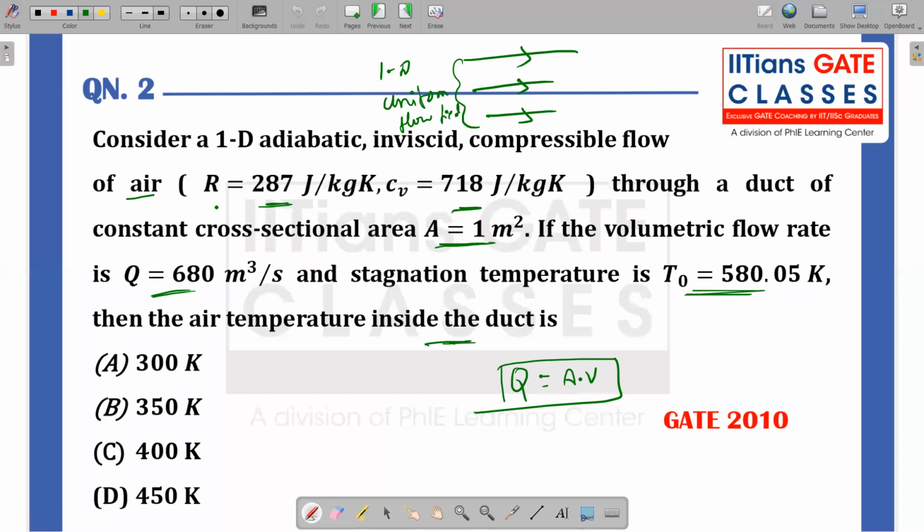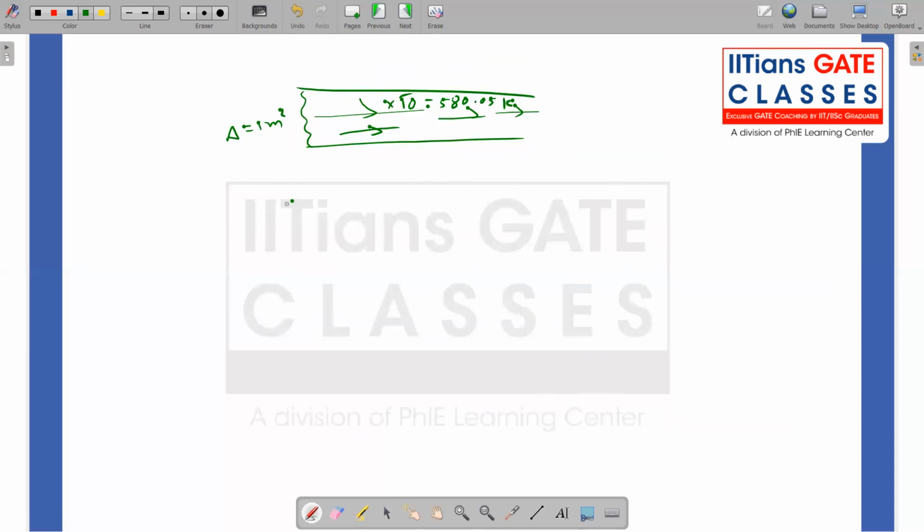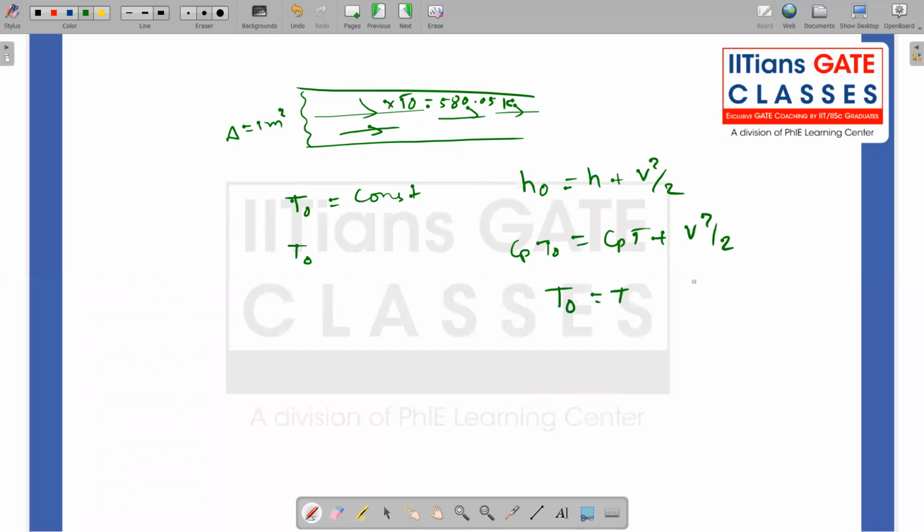So now I know that for a calorically perfect gas, T naught is equal to constant. So that means I have H naught is equal to constant, that is nothing but H plus V square by 2, which is also equal to Cp T naught, that is Cp T plus V square by 2. If I take Cp common, that becomes T naught equals T plus V square divided by 2 Cp.